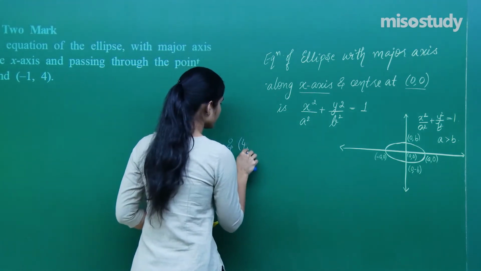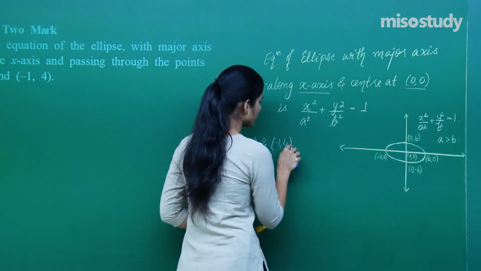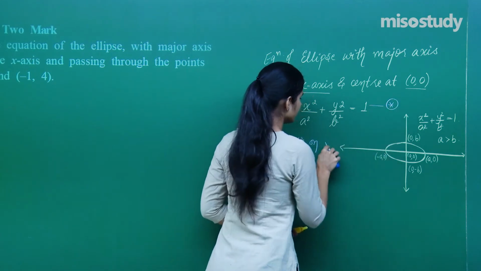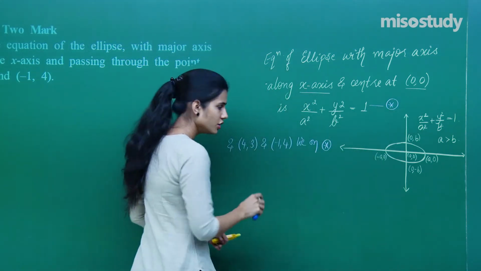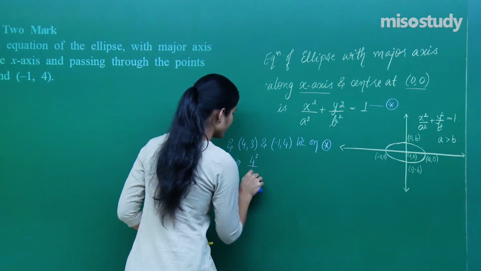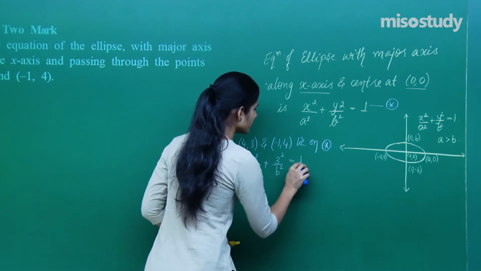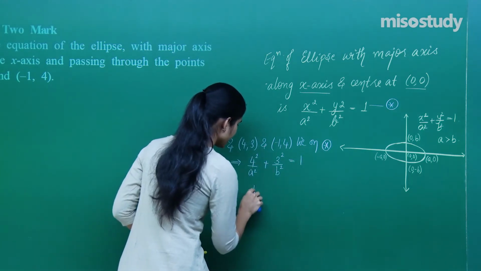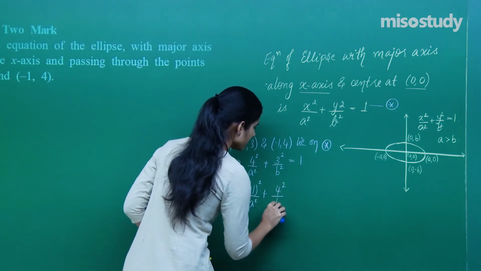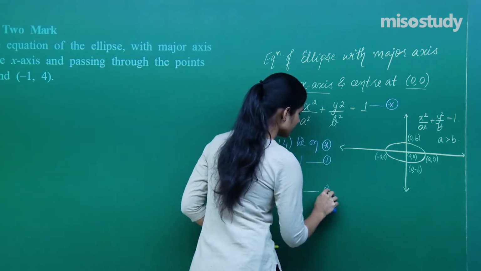So (4, 3) and (-1, 4) lie on the ellipse, and the coordinates satisfy the equation: 4 square by a square plus 3 square by b square equals 1, and again (-1) square by a square plus 4 square by b square equals 1. Say this is 1, say this is 2.